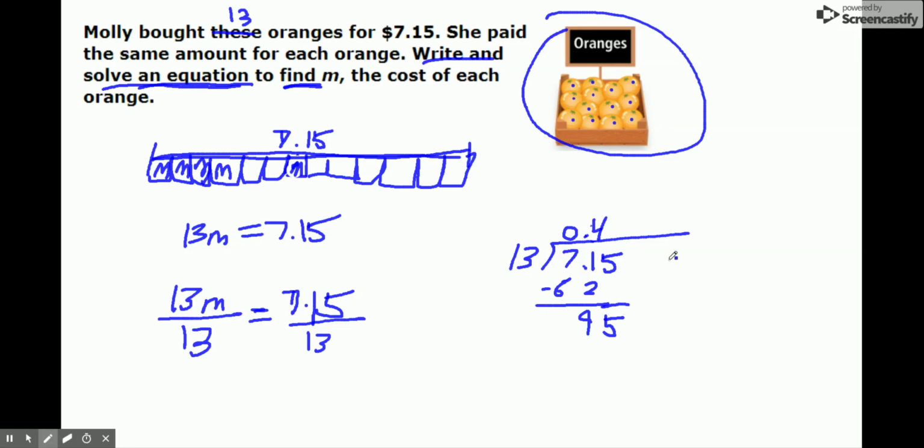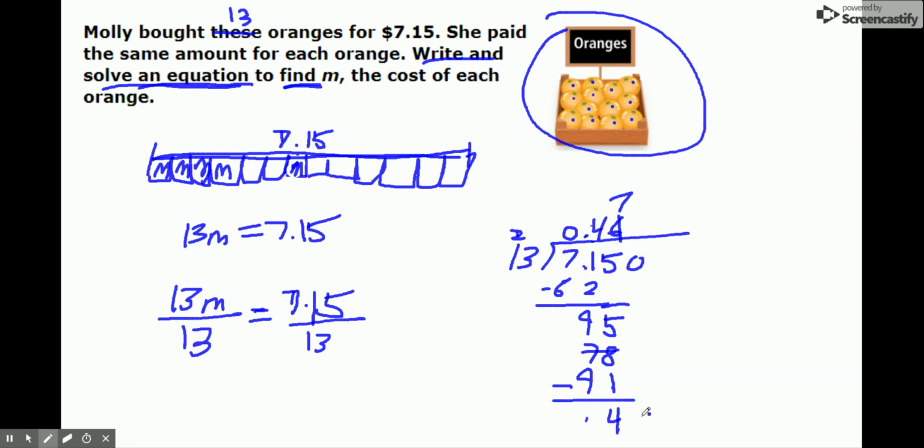We're going to end up having to carry this out a couple places. It's going to go in 4, 5, 6 times. Let's try a 6. 6 times 3 is 18. 6 times 1 is 6, plus 1 is 7. It can probably go in 7 times. 7 times 3 is 21. 7 times 1 is 7, plus 2 is 9. 95 minus 91 is going to be 4.